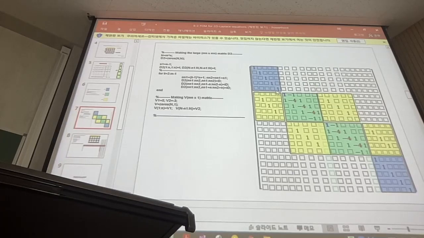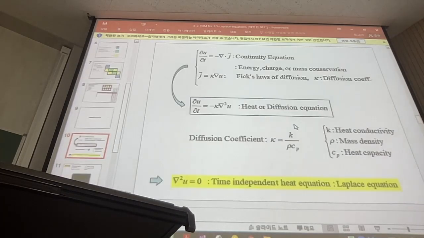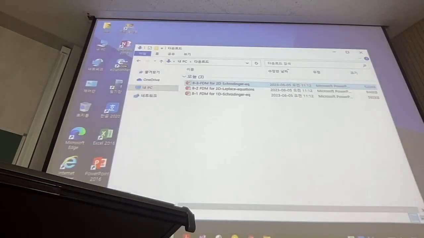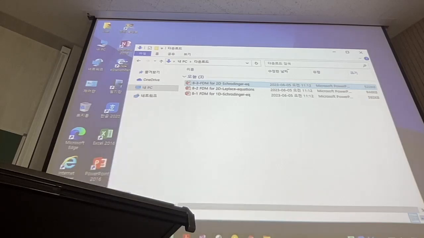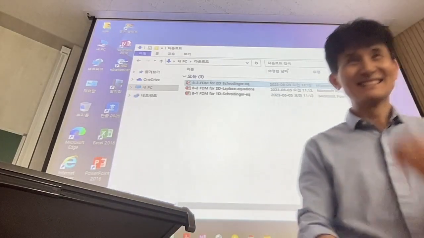It is this, but it is a little bit different because this is an electrostatic Laplace equation instead of the Schrödinger equation, so I cannot use this one. Let's see what I can do. I can find the file over here.